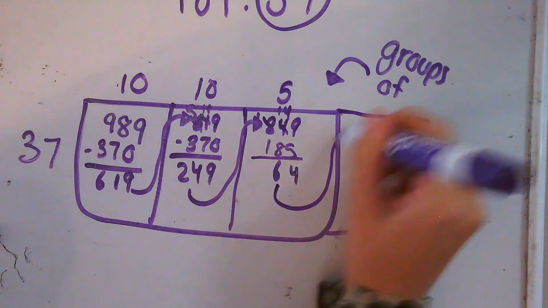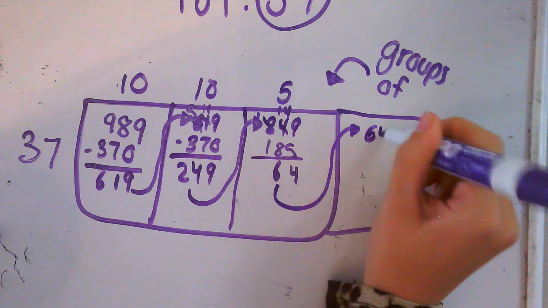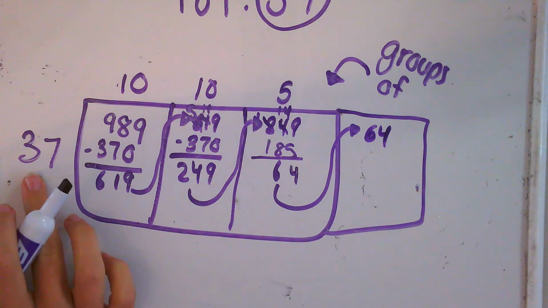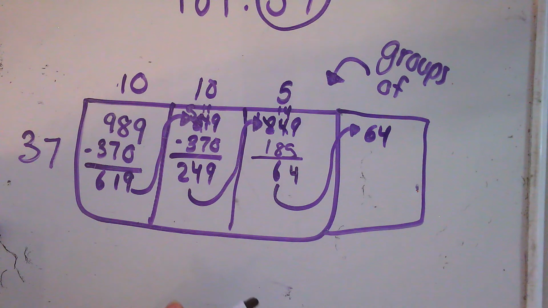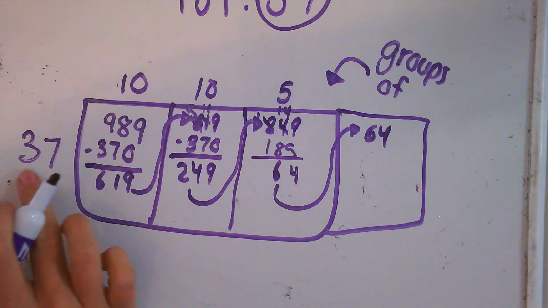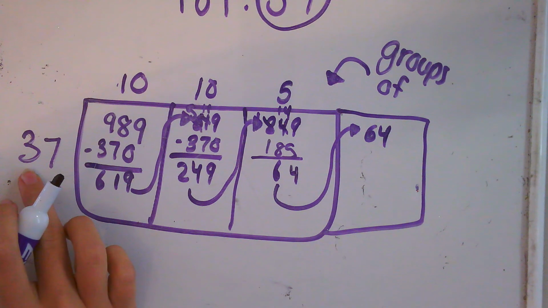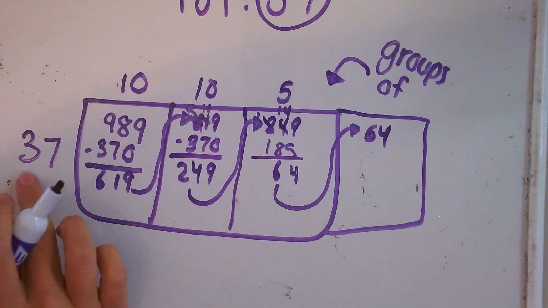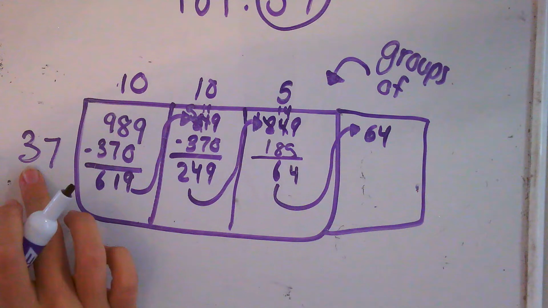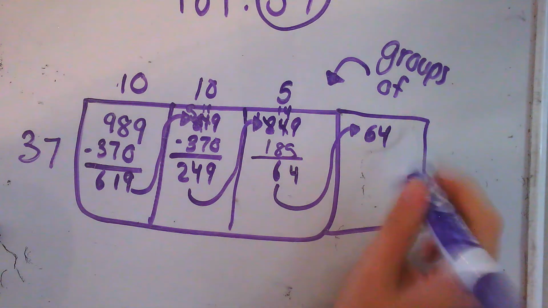I'm going to bring over my 64 now. Okay, and I'm still thinking about how many groups of 37 can fit into 64. Well, let's try. I know that 30 times 2 gives me 60. Okay, so if 30 times 2 gives me 60, then 37 times 2 is going to be way too much.